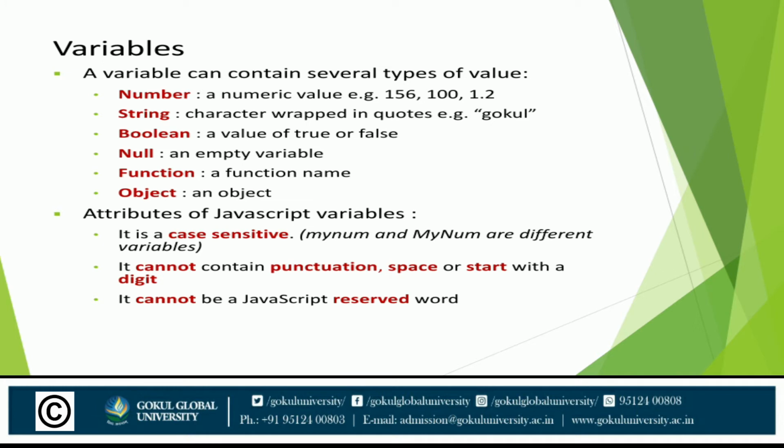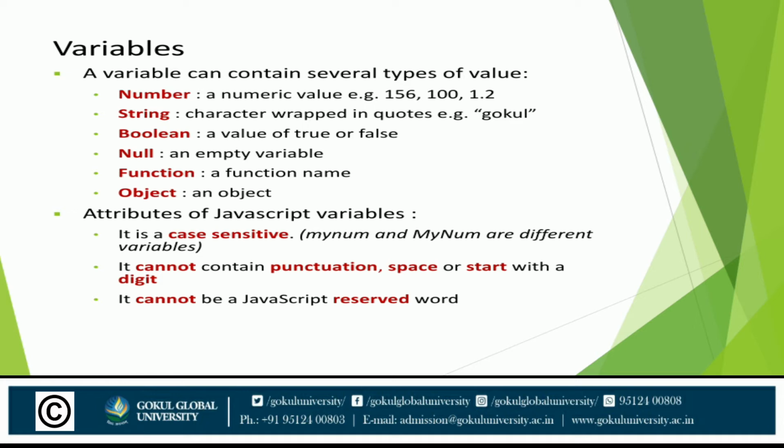Attributes of JavaScript variables. It is case sensitive. See the example: myNum with a small m and myNum with a capital M and N are two different variables. It is case sensitive.